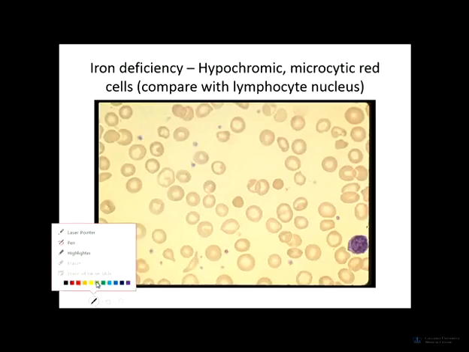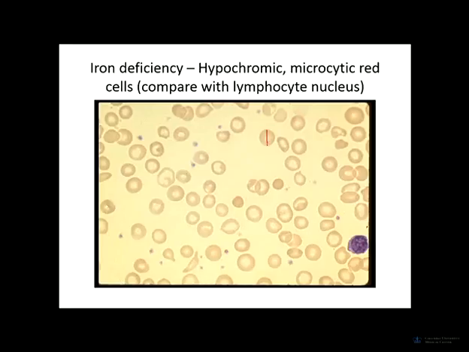Where's my pen? Normally the way to look at this is you basically look at the diameter of a red blood cell. And about 1/3 of the diameter should have central pallor in a normal red blood cell. And if you look at a cell like this, you can see that more than half of the diameter is pale.